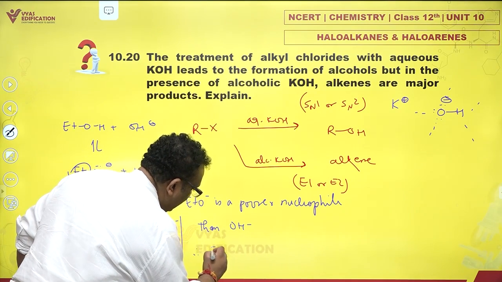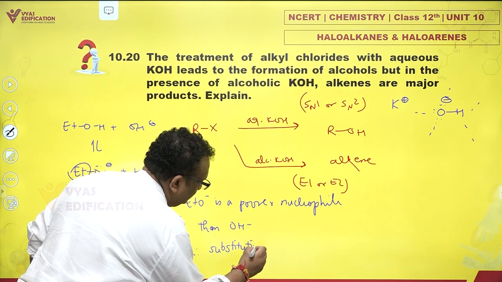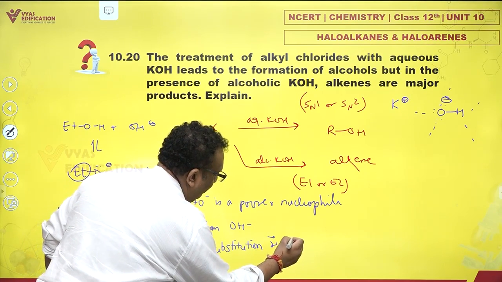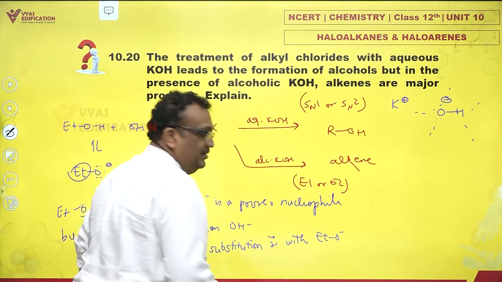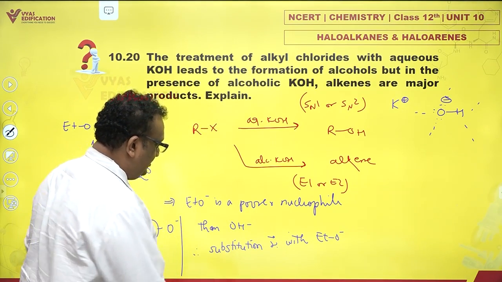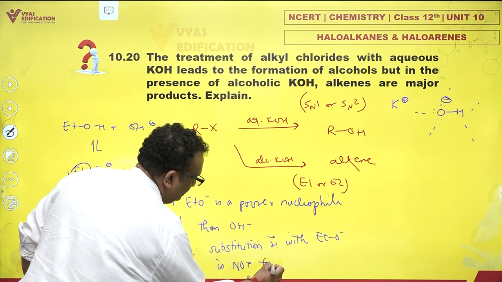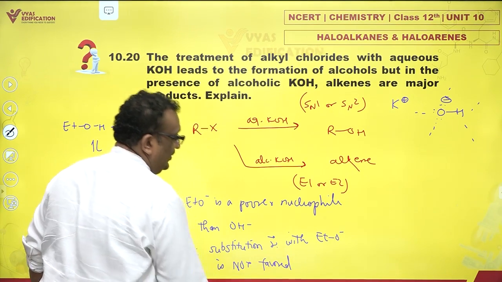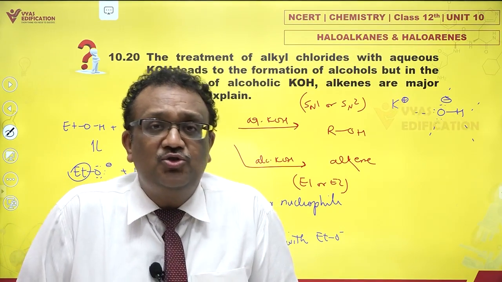Therefore, substitution reactions with EtO minus is not encouraged, is not favored. OH minus is a strong base, yes. Is it also a strong nucleophile?